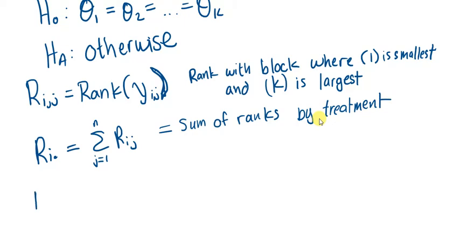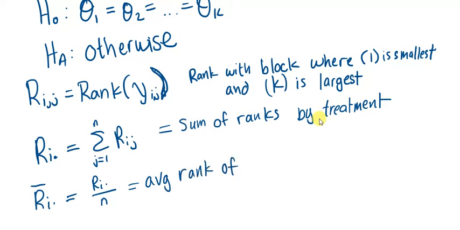And then we have R bar i dot, which is equal to Ri dot over n, which is the average rank of a treatment.